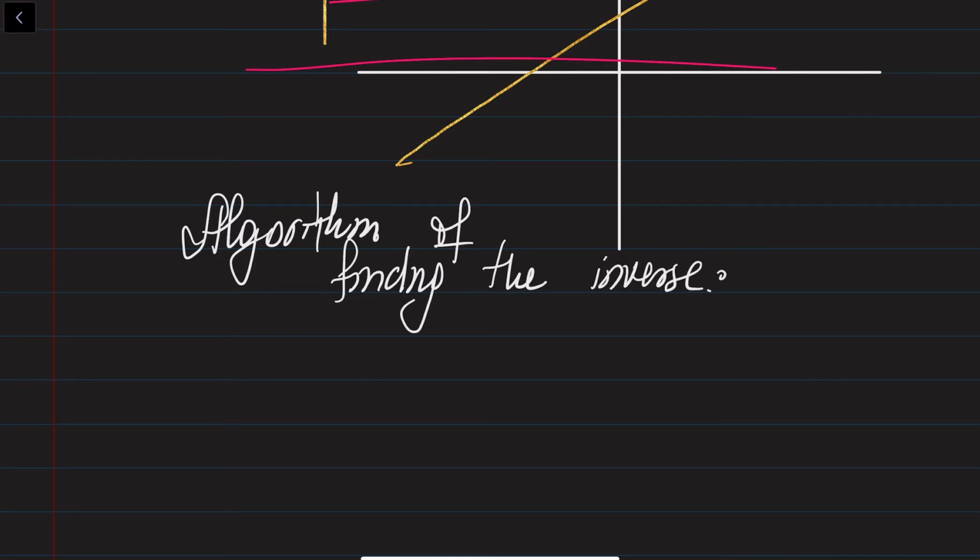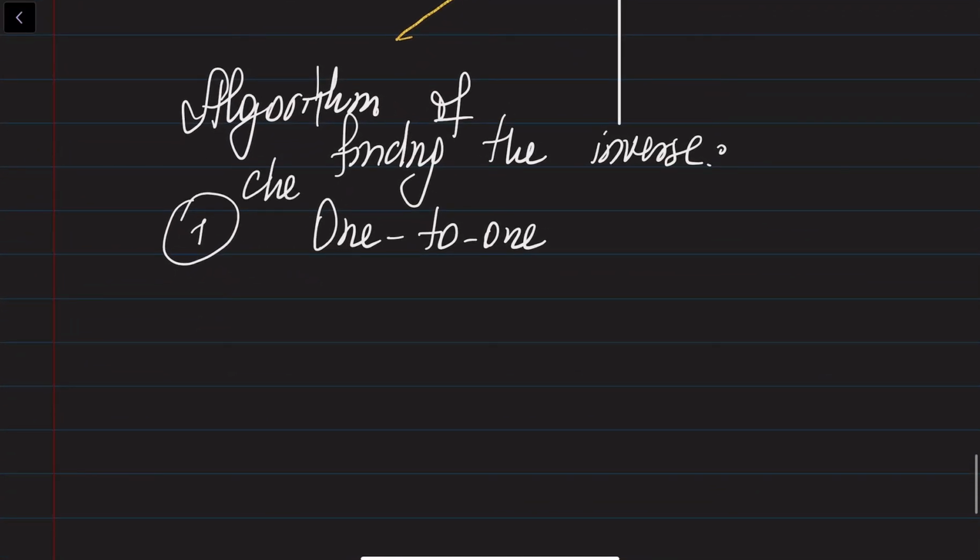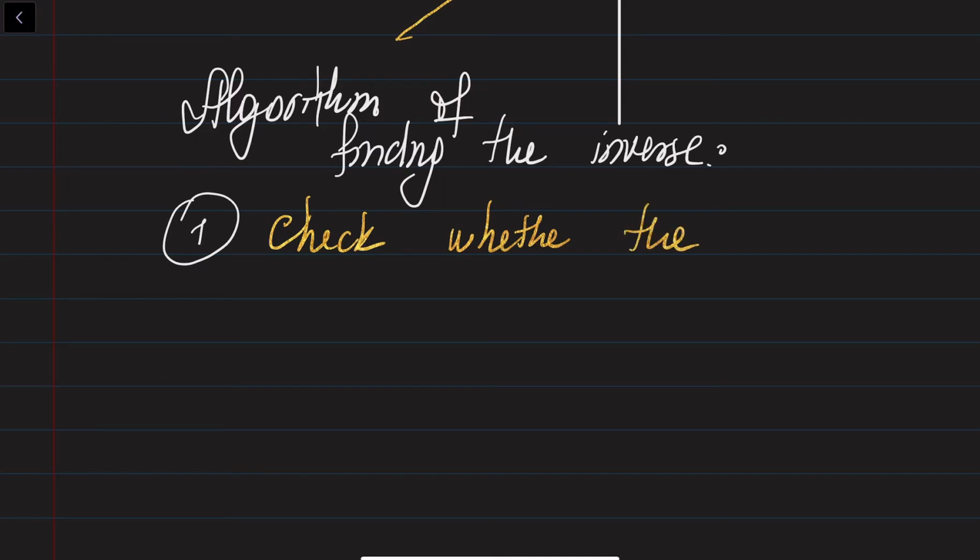So first of all, you need to check whether your function is one-to-one. Check whether the curve or your function is one-to-one.